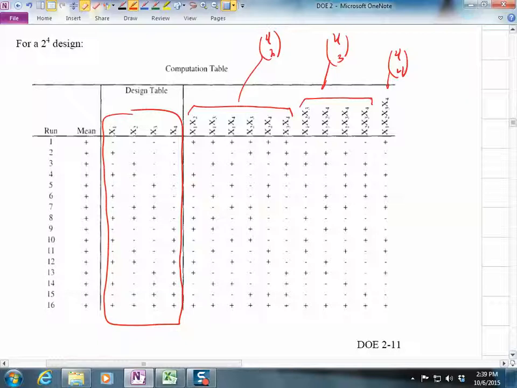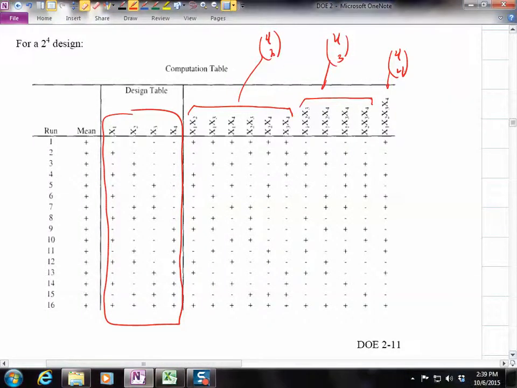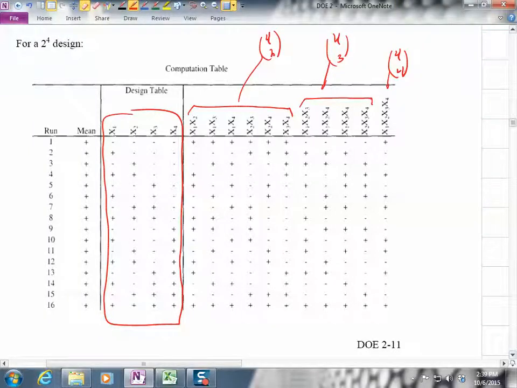Okay, one thing to really be careful about is to think about what are the things that we set in the experiment. Do I set this value of the x1, x4 interaction? Can I set the x1, x4 interaction in an experiment? No. What can I set that would give me this value for an x1, x4 interaction? x1 and x4.